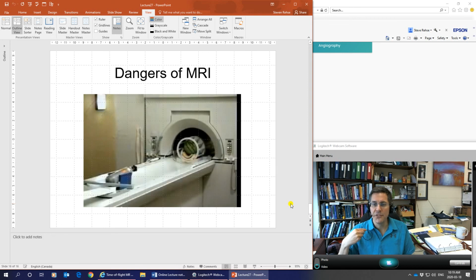So no loops anywhere in the patient. In fact, I think they go so far as to say when the person's laying, they're not even supposed to cross their arms, because crossing their arms is basically a loop, and you get electricity flowing through this loop, and you can actually get burns to yourself. So that's not so bad.